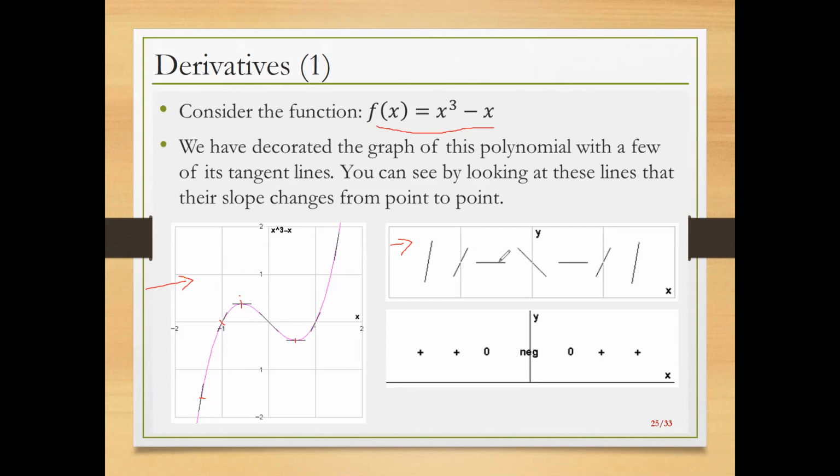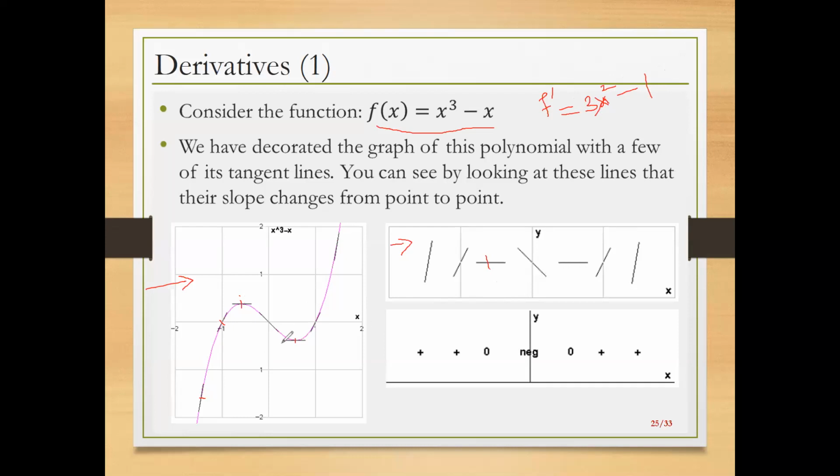And when I say slope of a function, it means if I take the derivative of this function, the derivative would be equal to 3x squared minus 1. So if I plug in this value in place of x, this should give me 0 at this point, because this slope is 0, okay? And then when I go to x equal to 0, you see that it has a negative slope, okay?